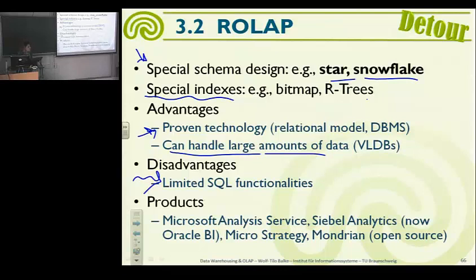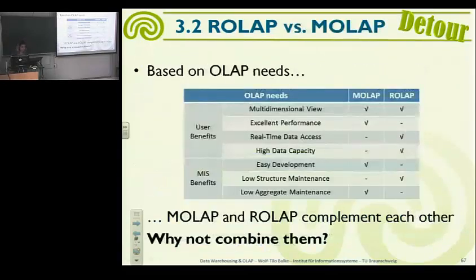With the multidimensional model, you were working with the cubes, you had these nice aggregates, but here everything has to be translated at the back end. You don't see it, but it's translated to SQL, and you're basically limited to that. There are a lot of products for that, like MicroStrategy, Microsoft Analysis Services, or Siebel Analytics from Oracle. So a lot of different solutions for that.